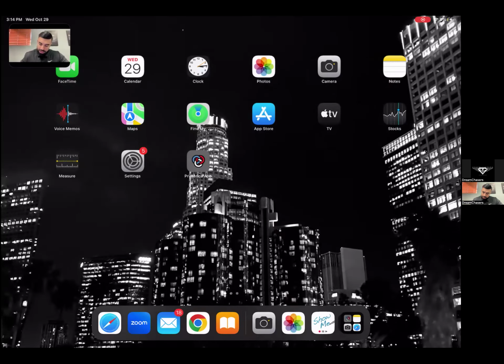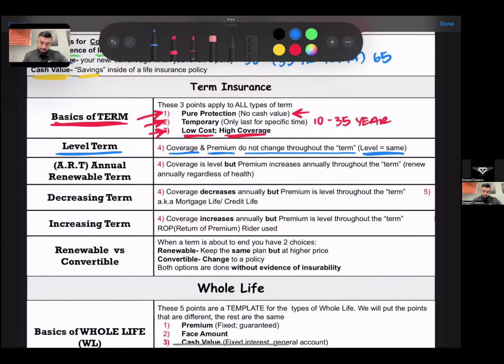Now, going on to the next type of term policy is what is known as an ART. So abbreviated ART stands for annual renewable term. So if you just move these words around, annual renewable term, it just is a type of policy where the term renews annually.